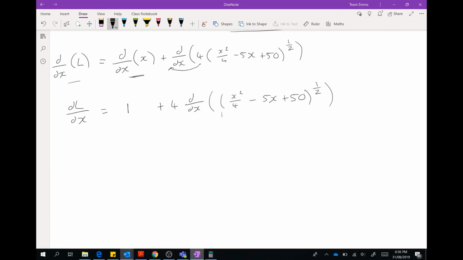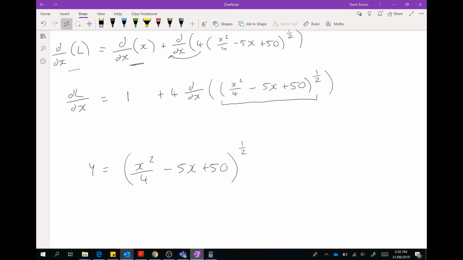So I'm going to let this equal to y, like we've done in the other questions, just to make it easier because that's quite difficult at the moment. So I'm going to get y equals x squared over 4 minus 5x plus 50 all to the power of a half, and we're going to do a u substitution to get dy by dx, and then we're going to plug that in as the derivative here.